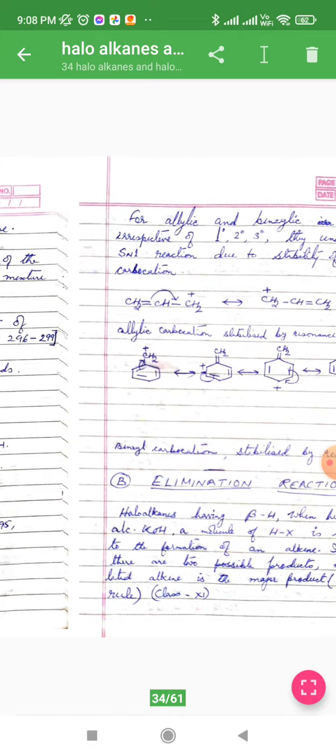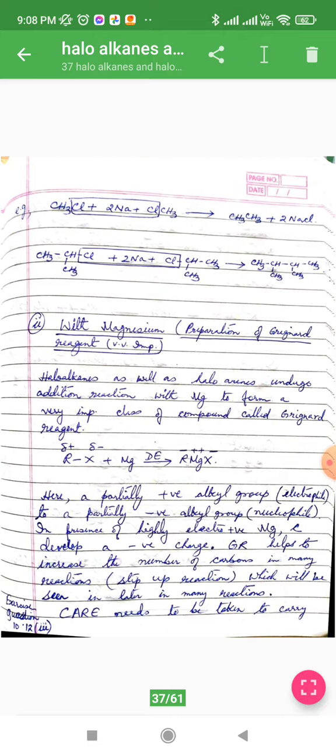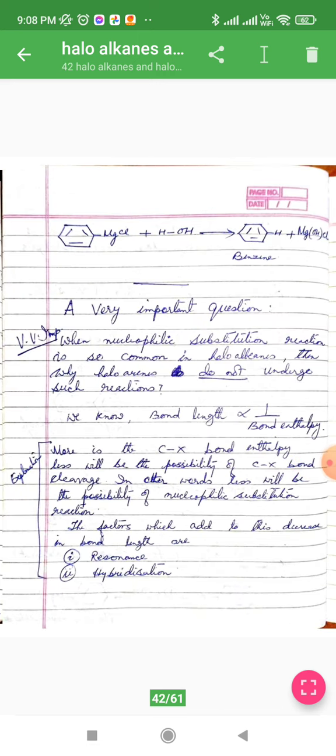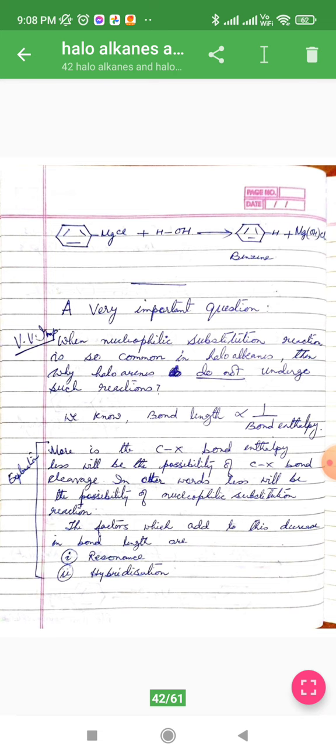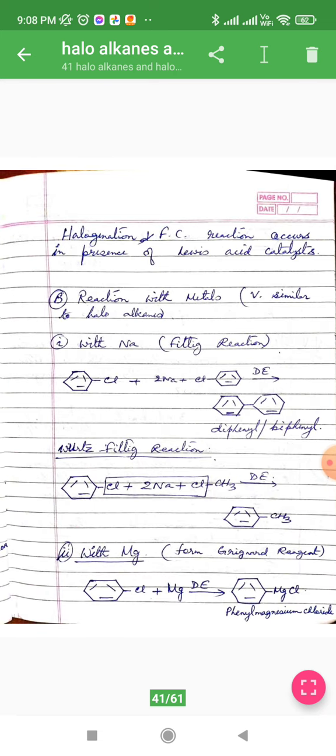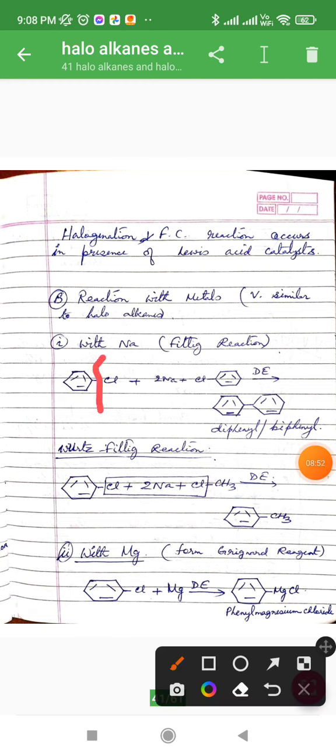To answer this question, let us look at the factors which are responsible for not having nucleophilic substitution reactions in haloarenes. Please listen to them very carefully. You may have noticed that whenever nucleophilic substitution reaction occurs, this bond has to be broken. The bond between carbon and halogen needs to be broken. Now, if the bond enthalpy is very high, the reaction will occur with much difficulty.